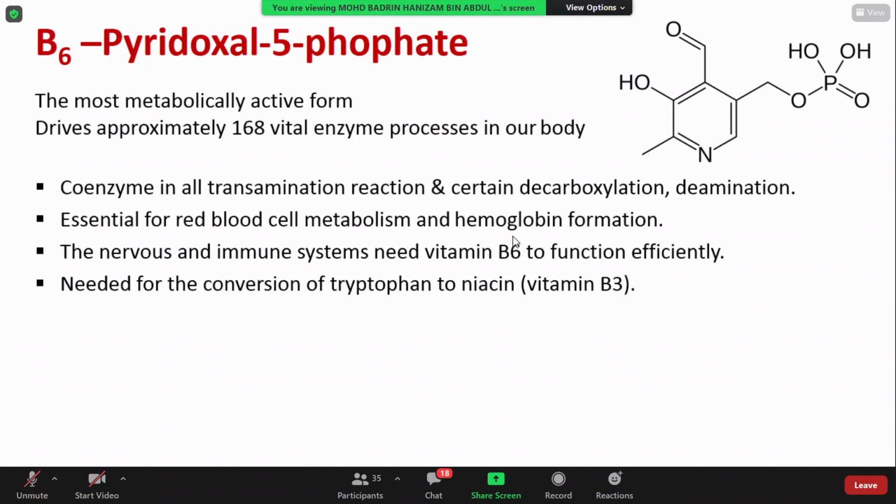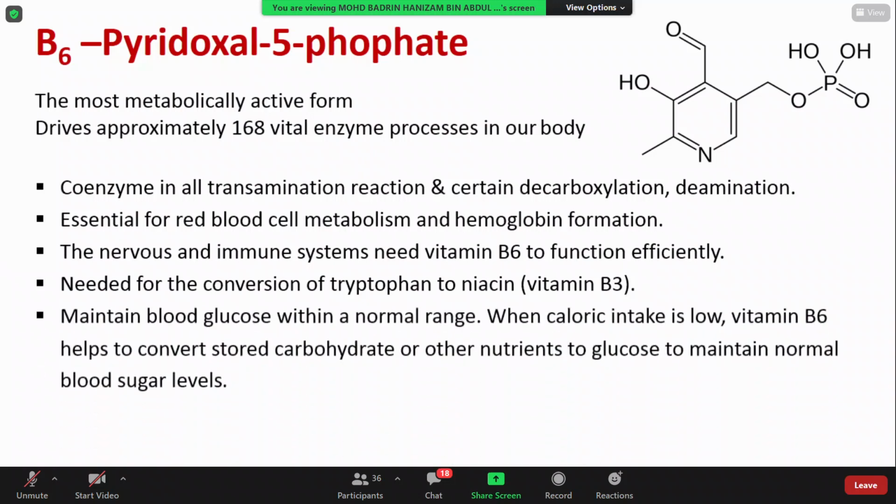They are essential for red blood cell metabolism and hemoglobin formation. Nervous and immune systems need vitamin B6 to function efficiently, and it is needed for the conversion of tryptophan to niacin. Also responsible for biosynthesis of histamine, serotonin, gamma aminobutyric acid.